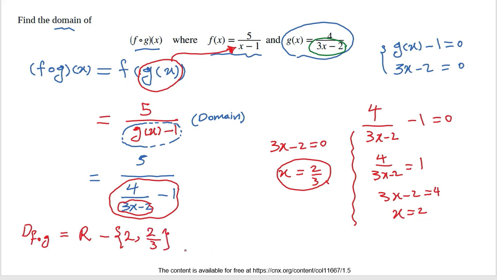We can write it as an interval: negative infinity to 2 over 3, union 2 over 3 to 2, union 2 to infinity.